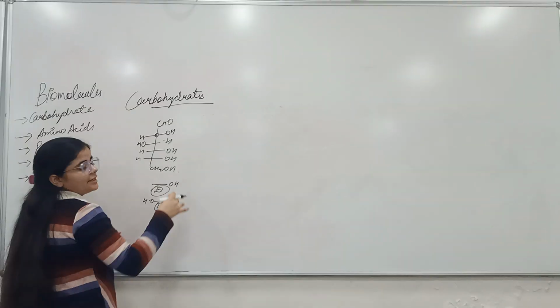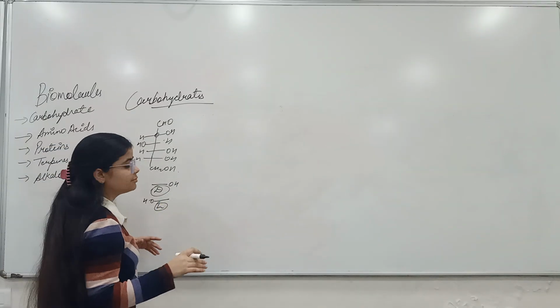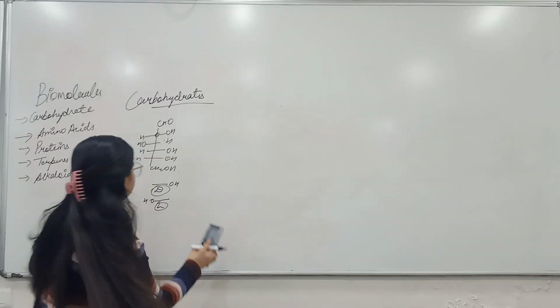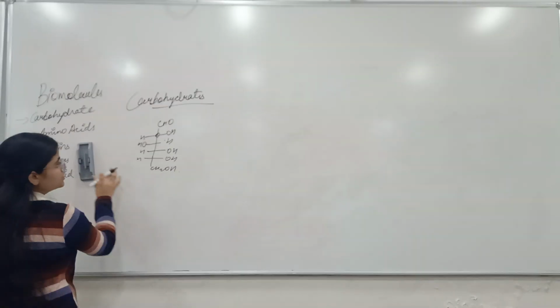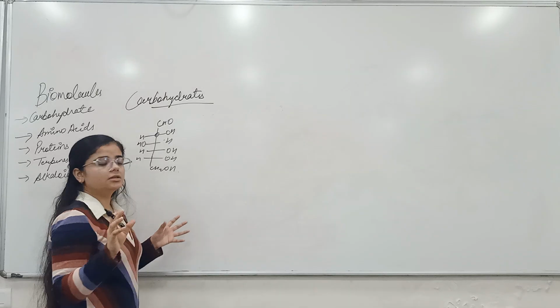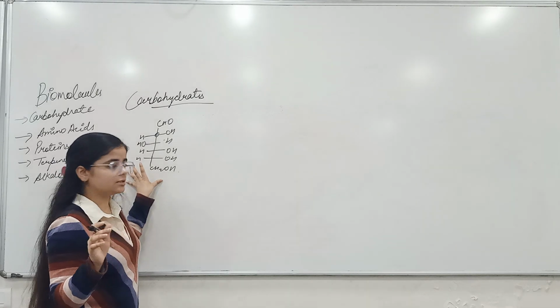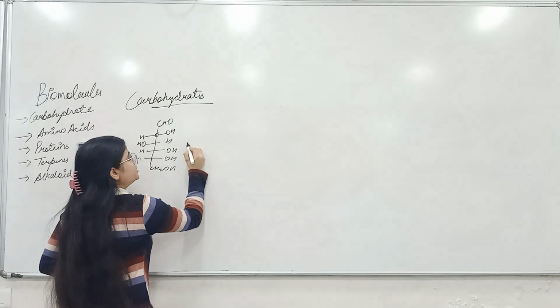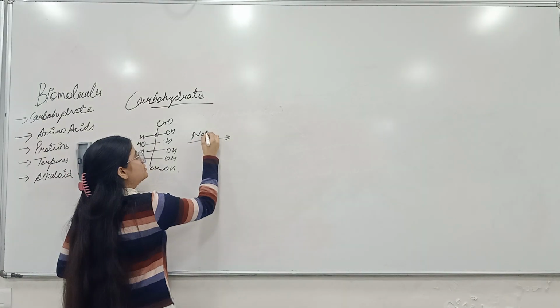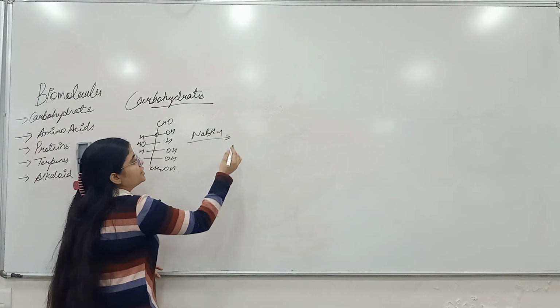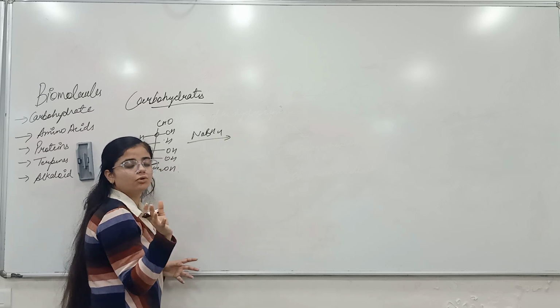So let us come to the reduction and oxidation part of carbohydrates. So we are reducing glucose with NaBH4 as a reducing agent. So when we reduce, the glucose converts to glucitol.